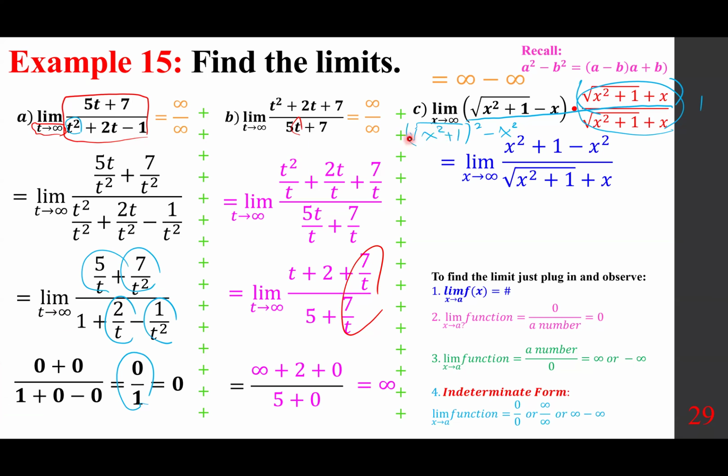The square root comes out, and now x squared and minus x squared cancel each other. If you plug in infinity, the bottom is infinity plus infinity, and 1 over that is 0.